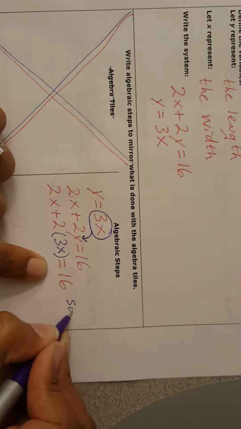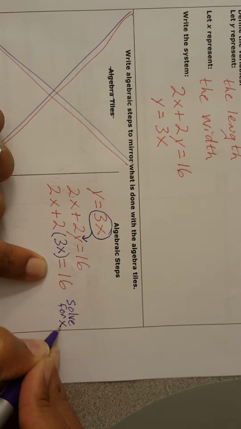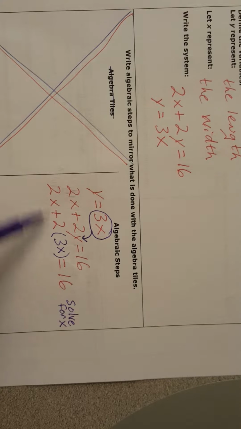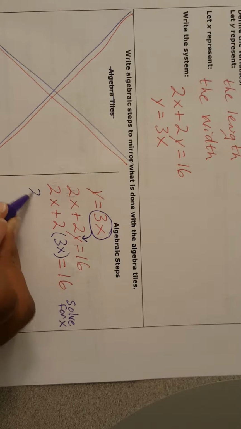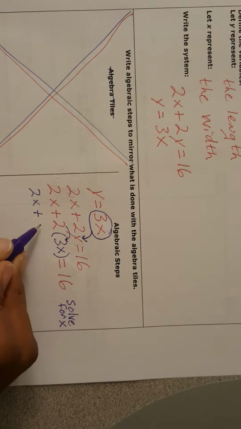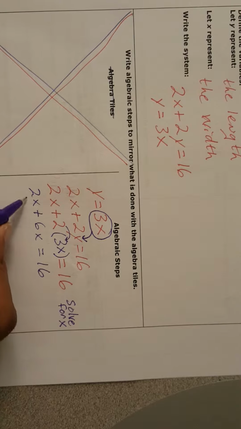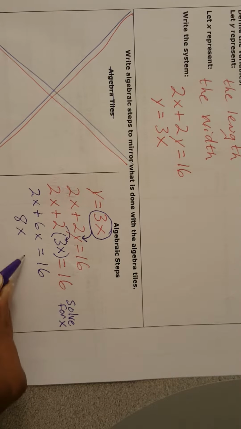I now solve for the one letter that is left. So in this case, I'm solving for x. It's the only letter in my equation. 2x plus 6x equals 16. Combine my like terms. 8x equals 16.